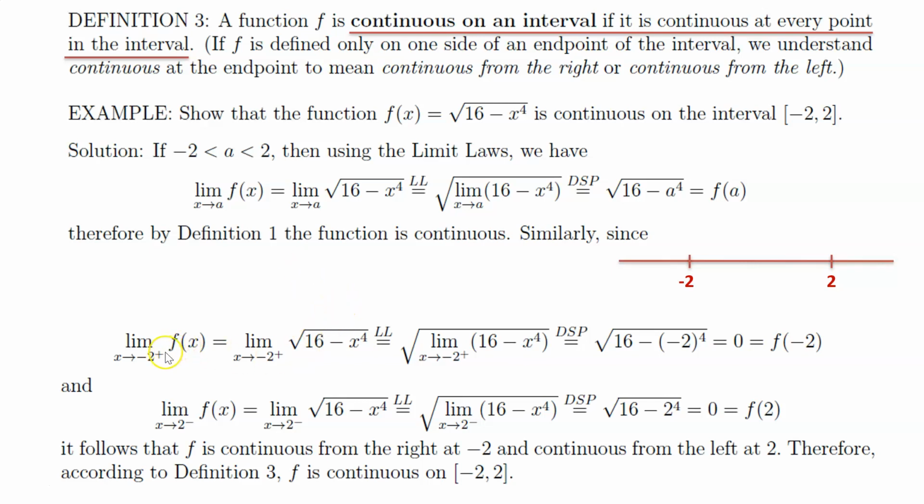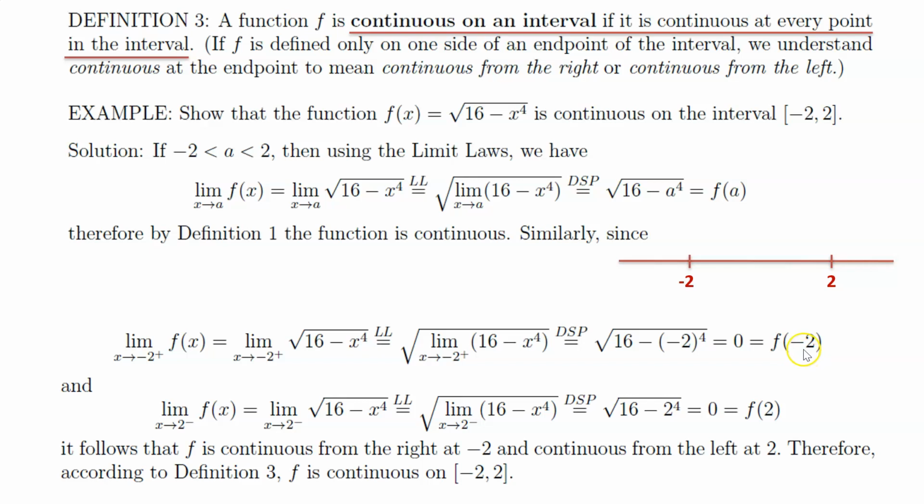Okay, so then you have, okay, dia kata similarly, since the limit of f(x) at -2, for example, we use -2 from the right. So what happen is that you're going to substitute the -2 into the x. Okay, we use the same function, you just substitute the -2 into the x, so you get 0.